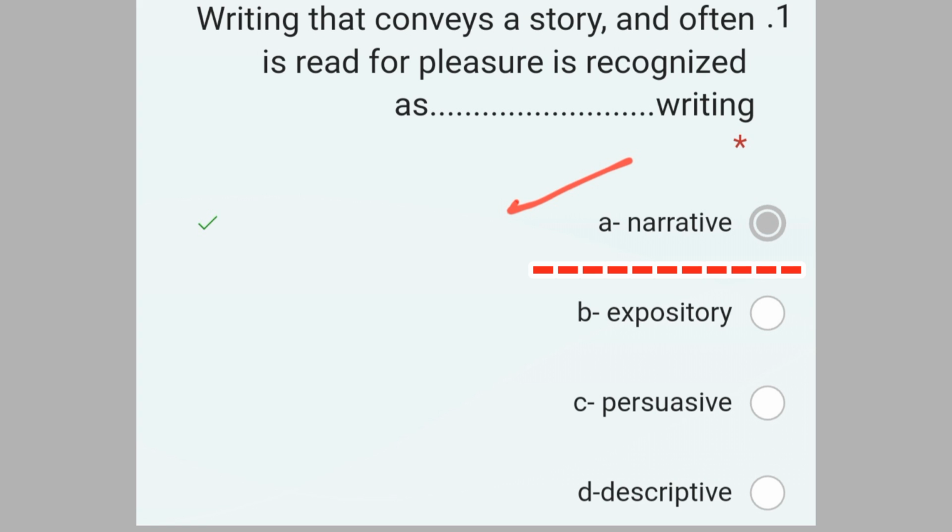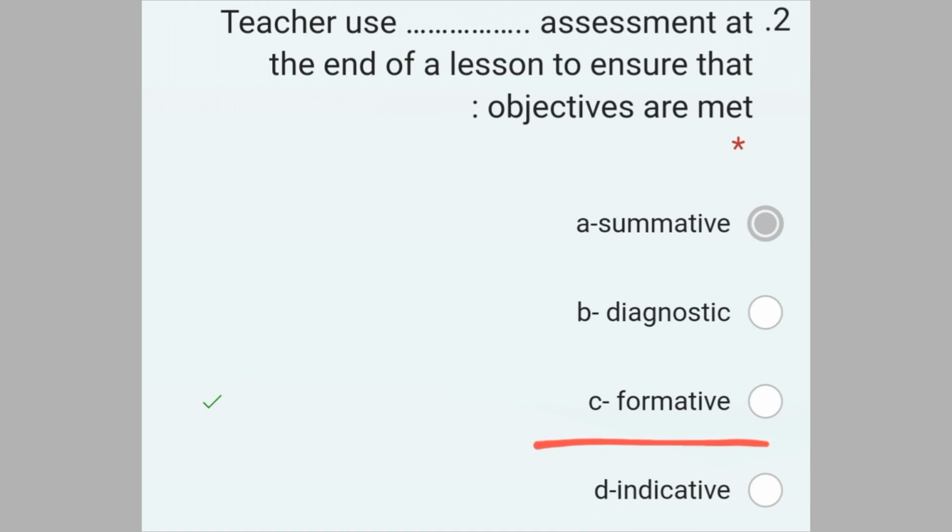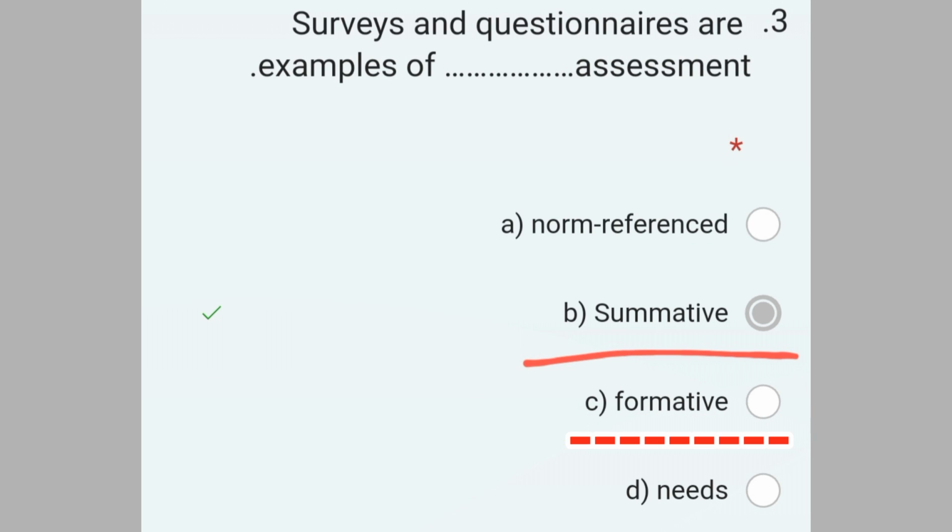Teacher use: assessment at the end of a lesson to ensure that objectives are met. A. Summative. B. Diagnostic. C. Formative. D. Indicative.